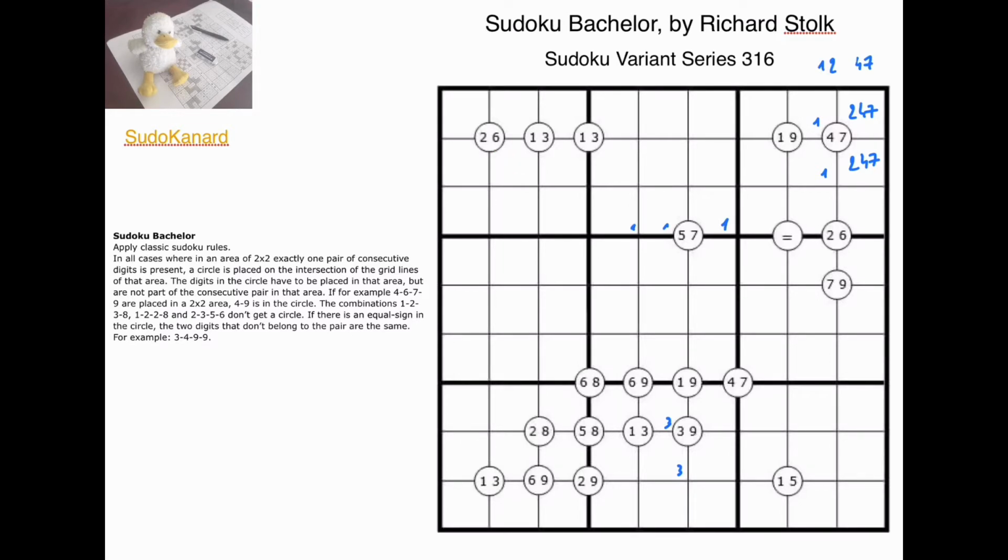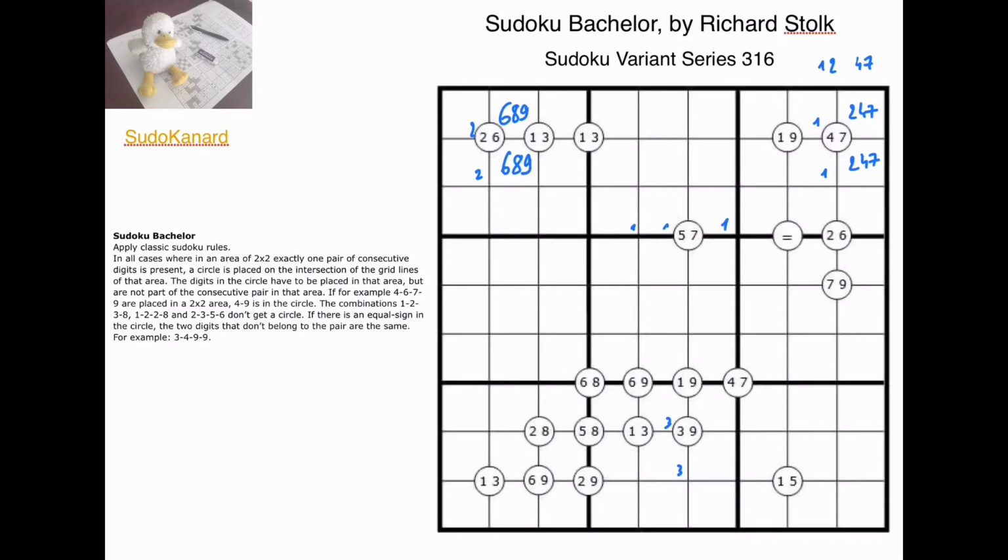So we have a 2, 6, 8, 9 in those cells. And something interesting there is that 2 can't appear here, or we would have 1, 2, and 3 in this quadruple. So 2 has to be in those cells, and 6, 8, 9 here.